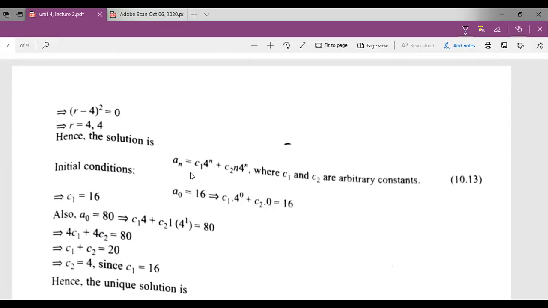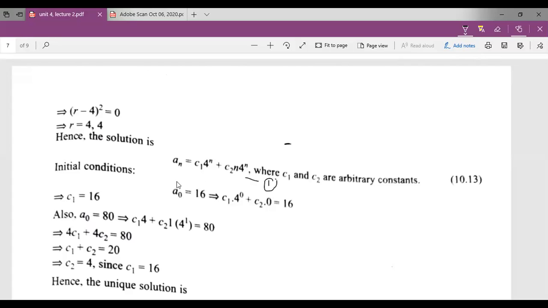So this can be written like C1 plus C2 n into 4 power n also. Okay. We have to find the arbitrary constants C1, C2 using the initial conditions. So we put n is equal to 0 in this equation 1, we get one equation in C1, C2, and we put n is equal to 1 in equation 1, we get another equation in C1, C2.